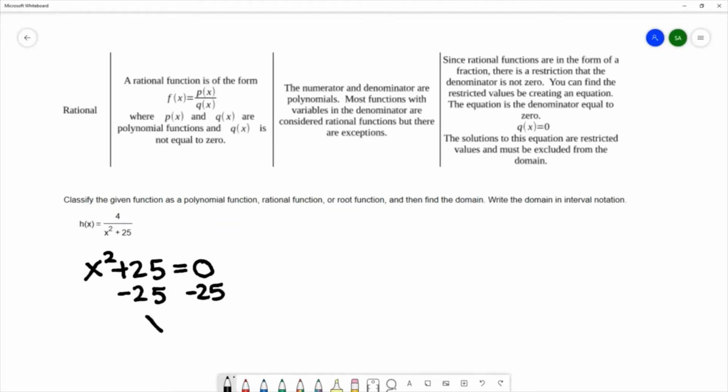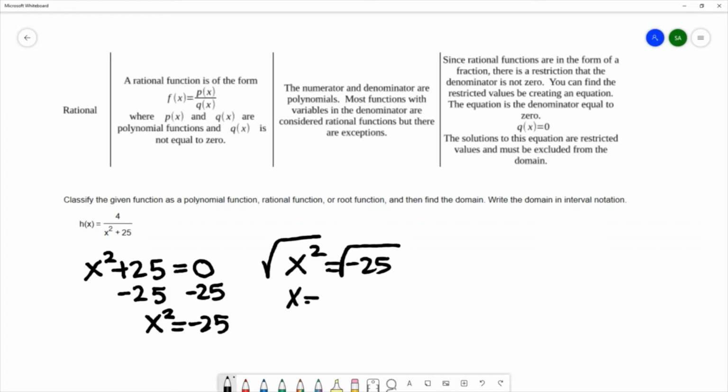That gives me x squared equals negative 25. And I can get rid of the squared by square rooting both sides, and I get x equals plus and minus the square root of 25, which is 5, and the square root of negative 1 is the imaginary unit i.